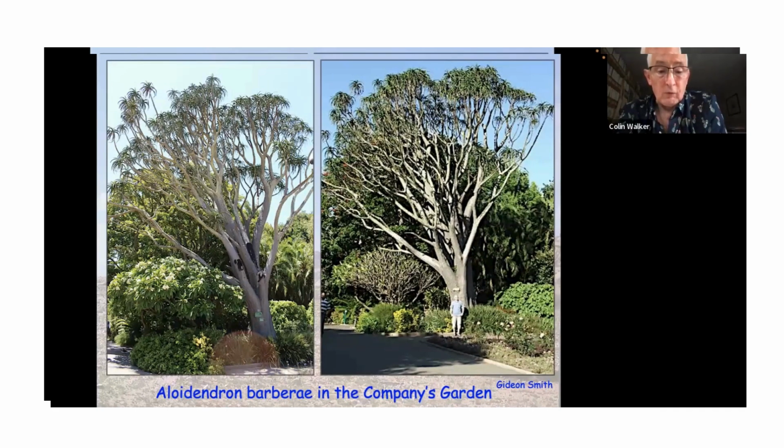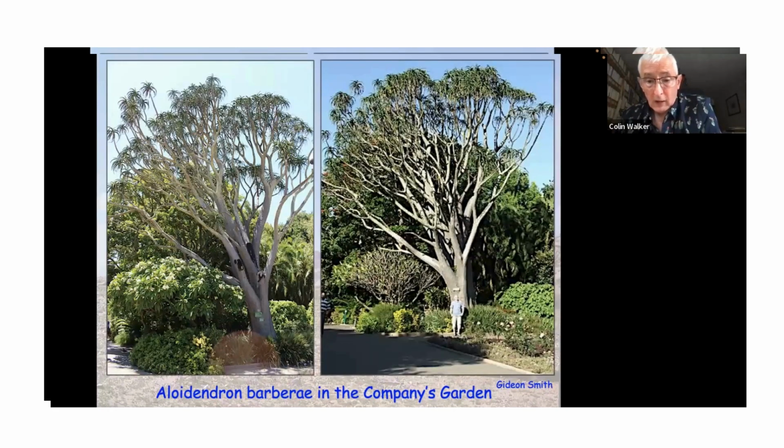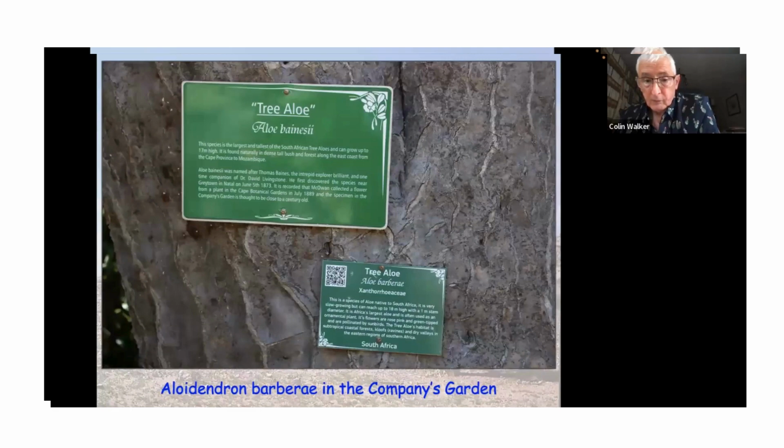They've got several of them. This one is about 10, 12 meters tall, I suppose. That's me there for scale. This says that this tree aloe was planted about 100 years ago. So just zapping back, that tree aloe at about 12 meters tall has grown to that height in 100 years.